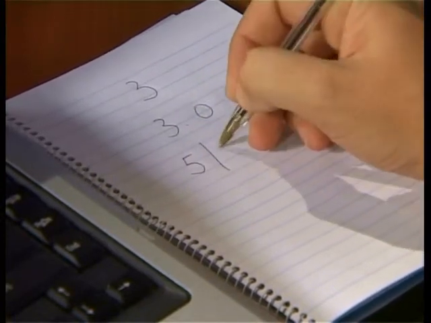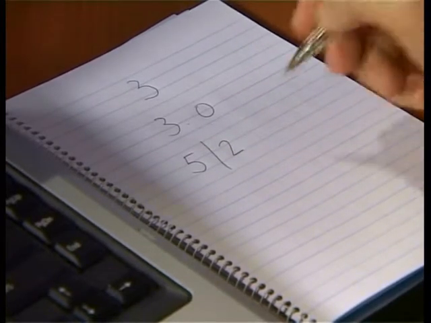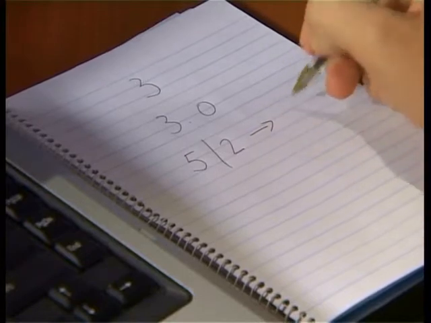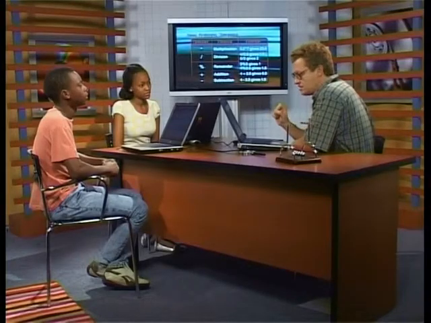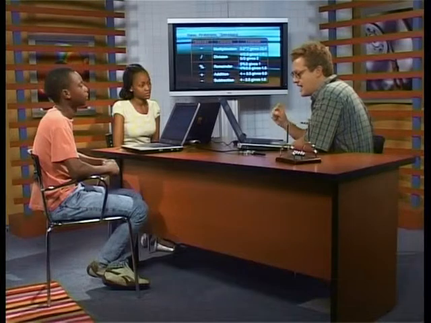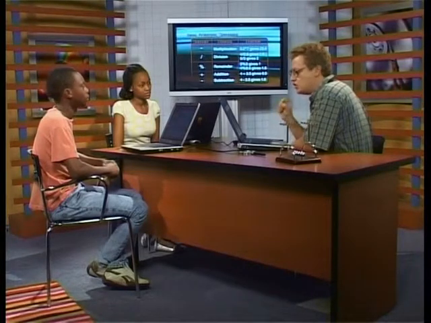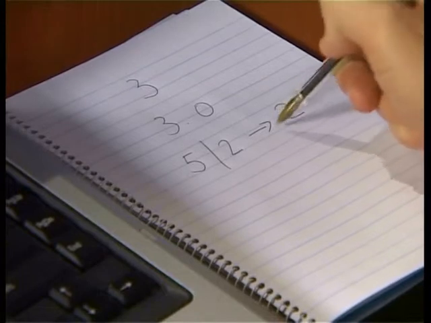In this division example, both the 5 and the 2 are integers, so integer arithmetic is performed and we get an integer result. That's why the answer is 2. Also, notice the symbols. We don't use an equals sign as it's an assignment in Java, not an equality. So, we use an arrow instead.